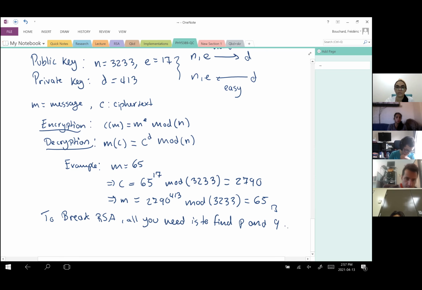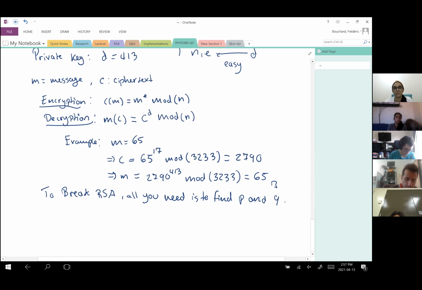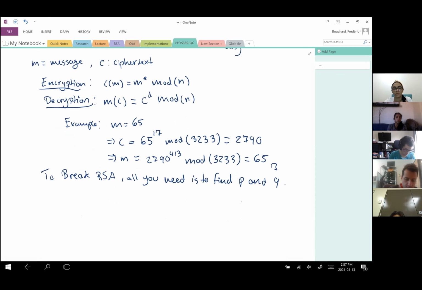Because you know N, so if you know N, all you need to do is find P and Q. And fortunately, there's an algorithm called Shor's Algorithm that can do that. So here's what's going on. So for RSA, you can use the same key over and over again, as much as you want, essentially.